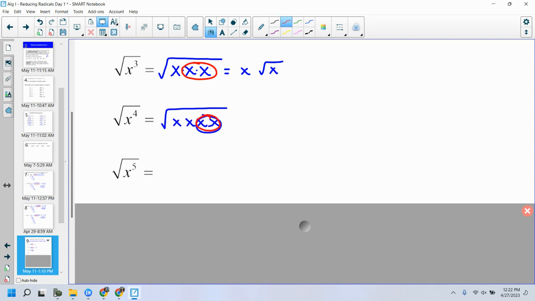I got two sets of buddies coming out. So what does that turn out to be on the outside? X squared, not 2x. X squared, because I would have an x times an x sitting on the outside. Let's look at x to the 5th. We have two buddies coming out, but now one staying in.